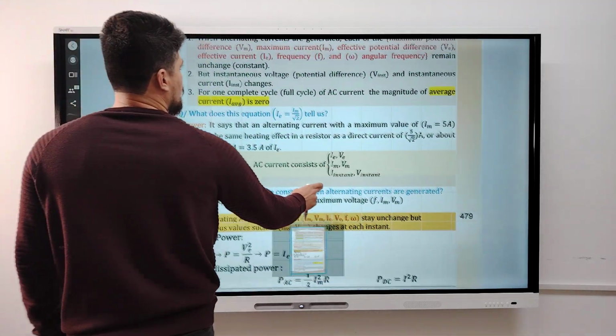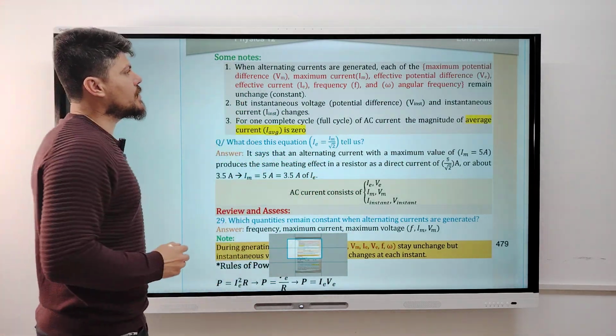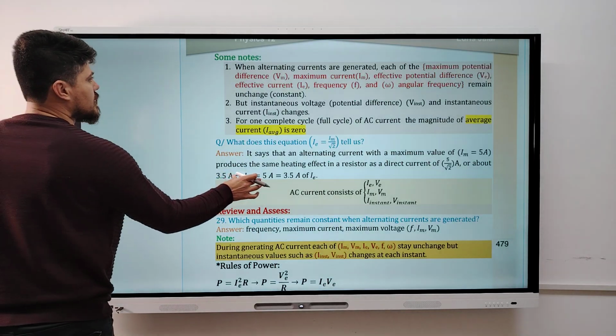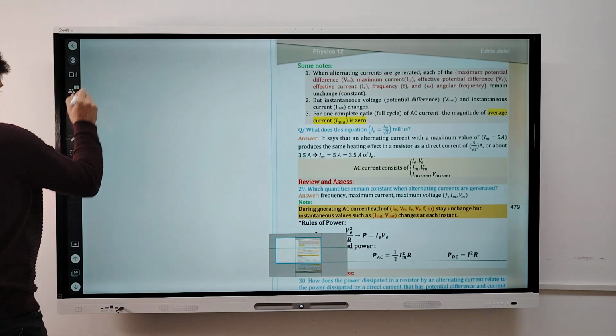So another note here. This note is very important. Be careful. When the alternating current is generated, look, what is this?